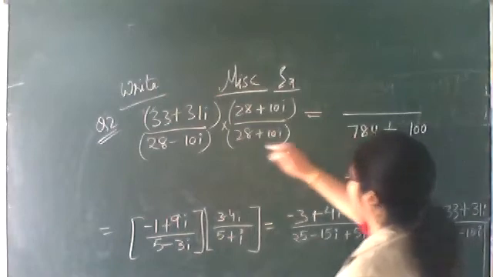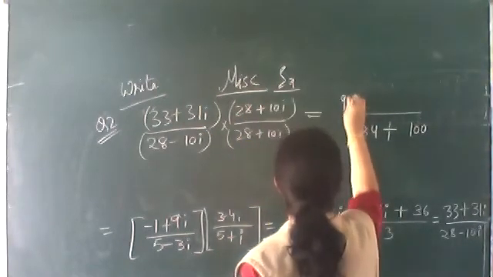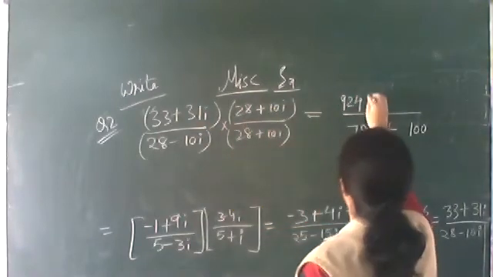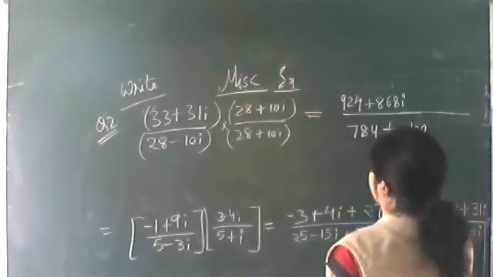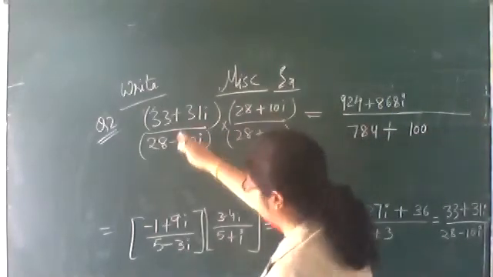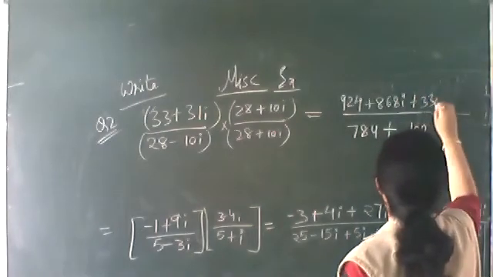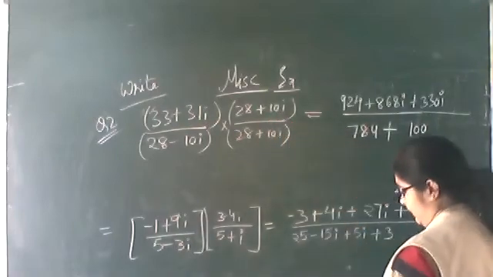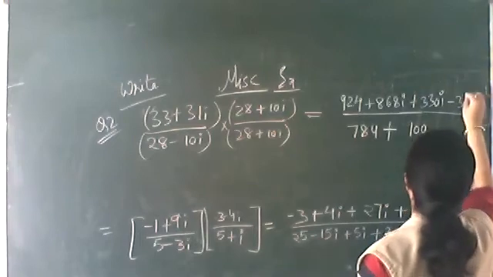Now come to the numerator, 33 into 28 is 924, and 31 into 28 is plus 868 iota. Then 10 into 33 is 330 iota, plus 31 into 10 is 310 into iota square. Then it will be minus 310.